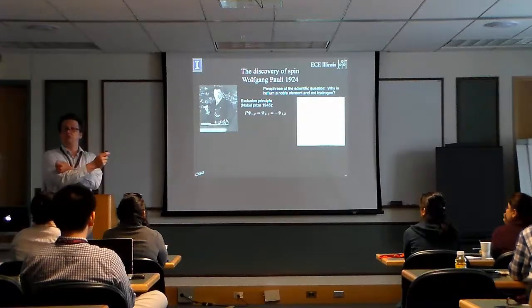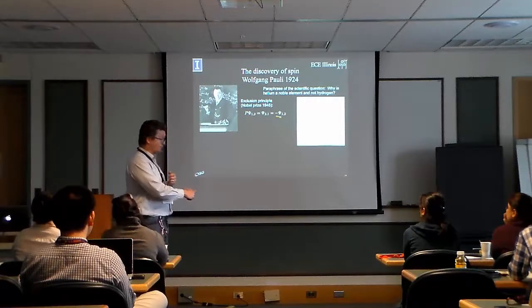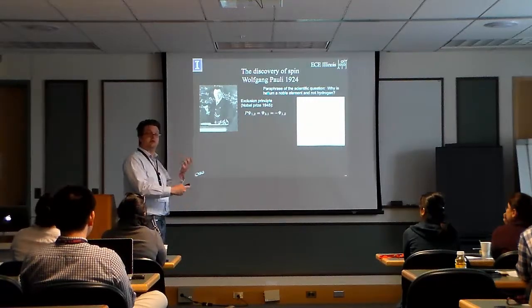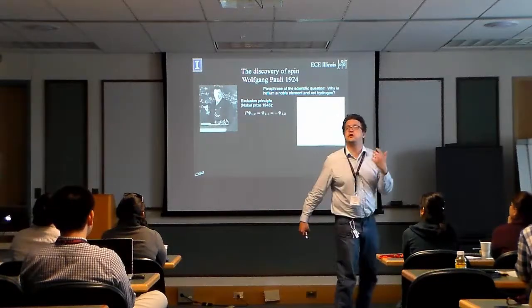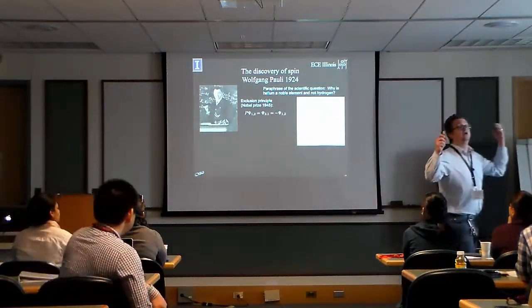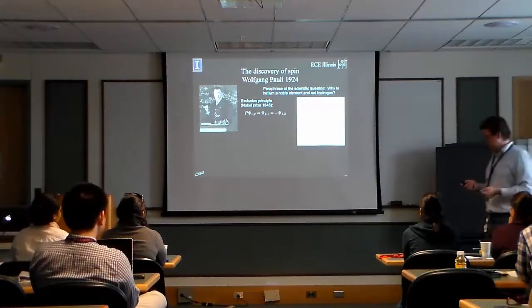So you just swap two labels and they must be negative. And this simple mathematical statement has consequences that essentially are stated loosely in the modern vernacular as two particles can't exist in the same state. Two fermions can't exist in the same state.